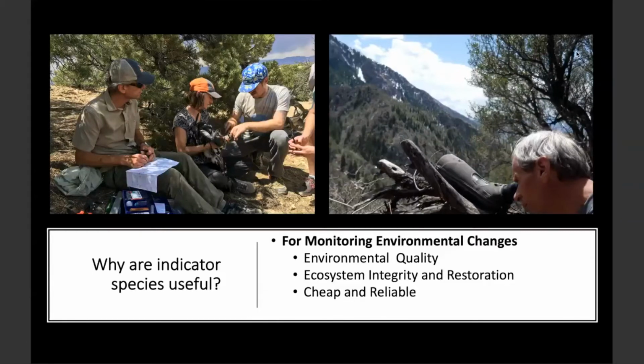And to try to sample and test each one of those components would be really expensive and very labor and time intensive. And so using a single species or a group of species to monitor what you're concerned about within that environment is a great, cheap, and reliable way to do it. And again, the environmental quality based on the species you choose is really important.